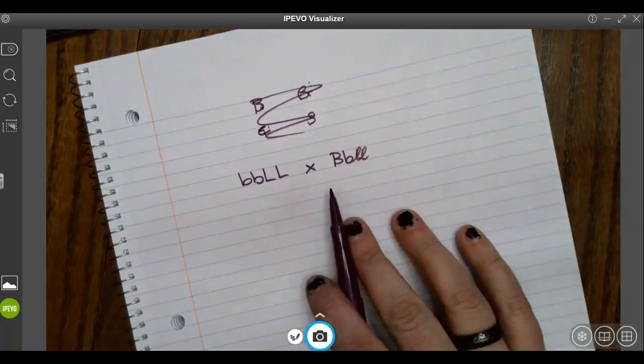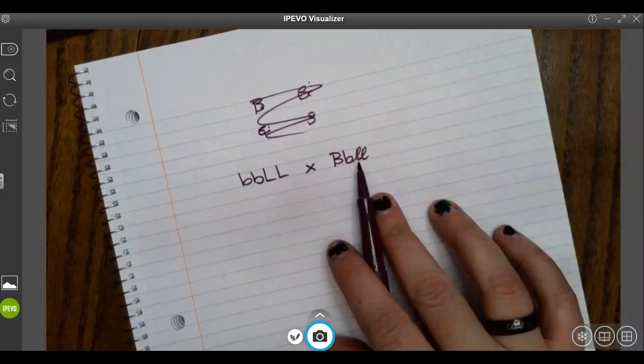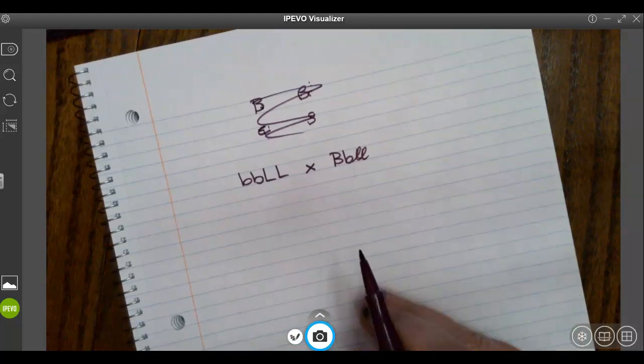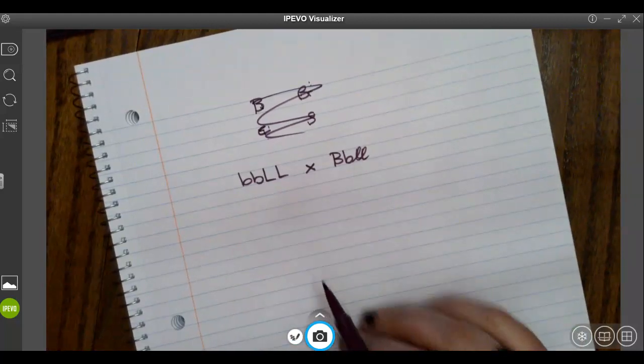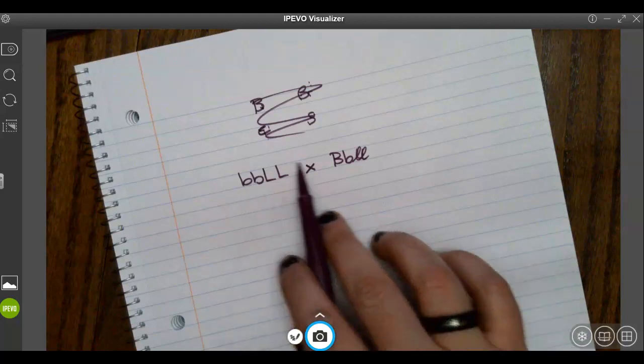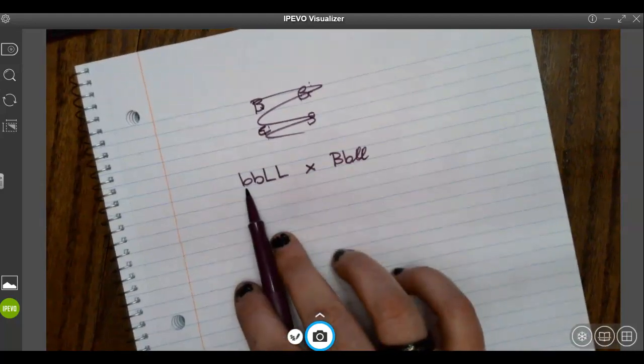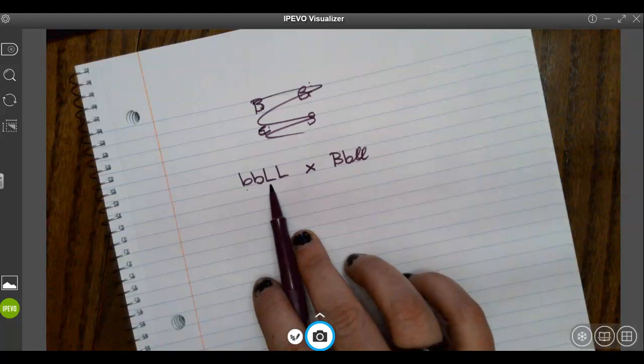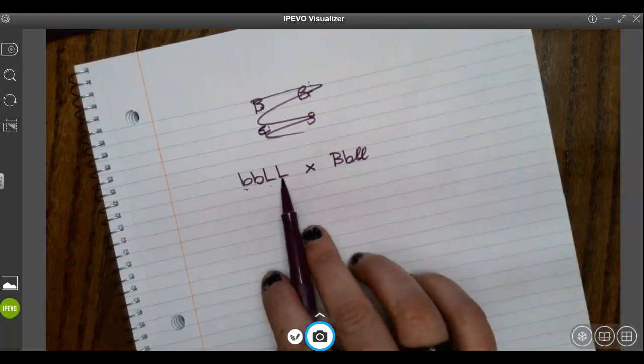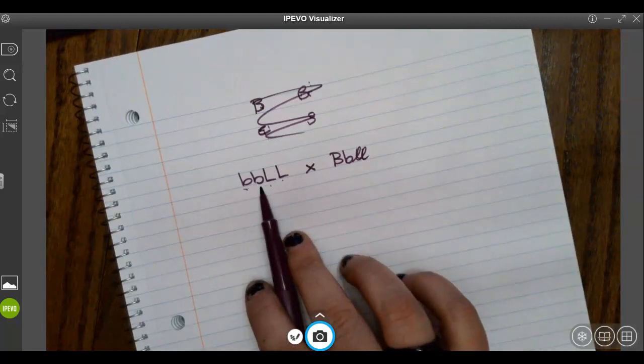Okay, so I want to cross this individual with this individual to see what their babies look like. And the problem here is that I have lots of different ways to combine this. So I can have this allele paired with that, this allele paired with that, this one and that, or this one and that.